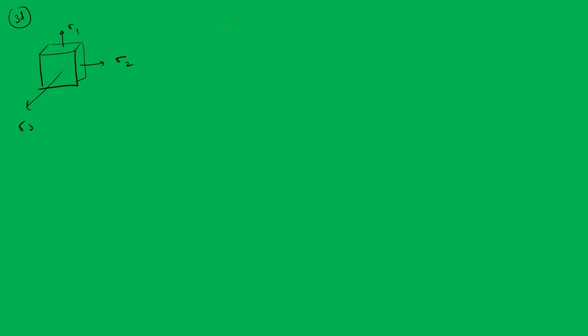This is particularly the case of a thin cylinder, so do not worry about that. We will study this in more detail in the chapter on thin cylinders. Let's say that sigma 3 is 0, sigma 2 is sigma by 2, and sigma 1 is sigma.